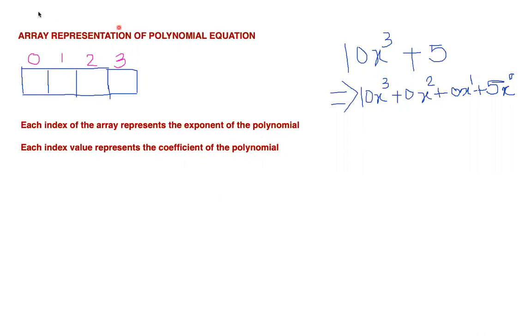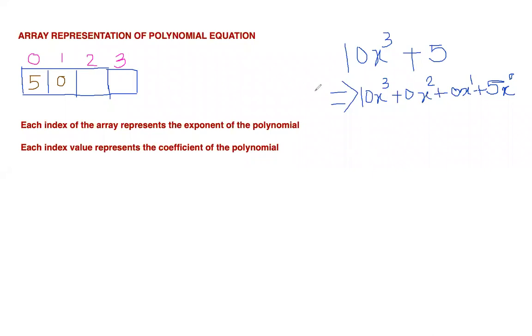So if we take this example polynomial, then 5 will be stored in the 0th position of the array because it is x to the power 0, so the exponent is 0. So this value will be 5. In the first index, x to the power 1 has a coefficient of 0, so in the first index it will be 0.